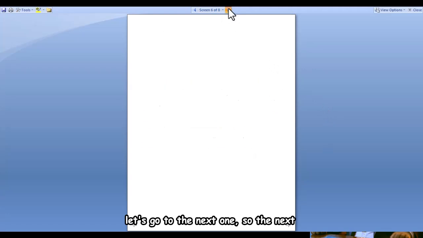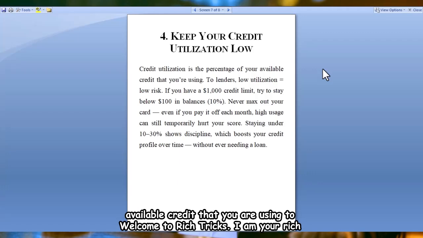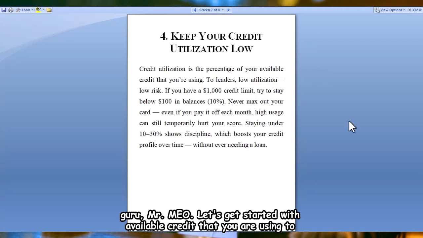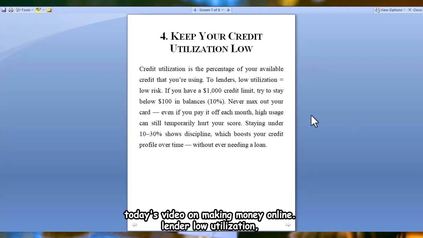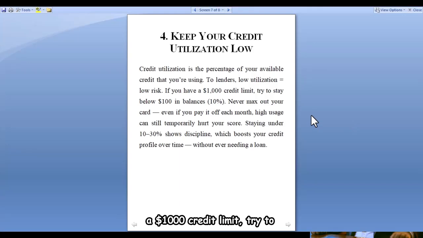So the next one here says keep your credit utilization low. Credit utilization is the percentage of your available credit that you are using, so lenders see you as low risk. If you have a $1,000 credit limit, try to stay below $100 in balances.